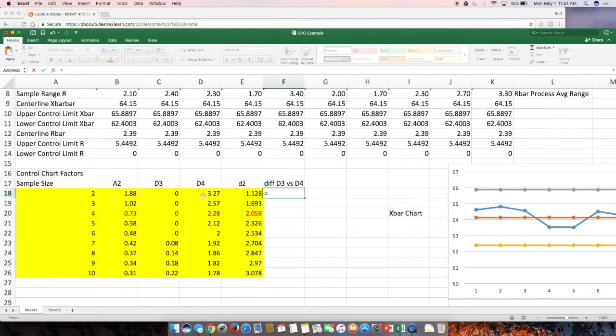So notice the difference here is D4 minus D3. If you see here, what's happening to this difference between D3 and D4 as you increase the sample size? It is getting closer and closer. And this is exactly what's going to happen. These limits are going to get closer and closer as your sample size increases.